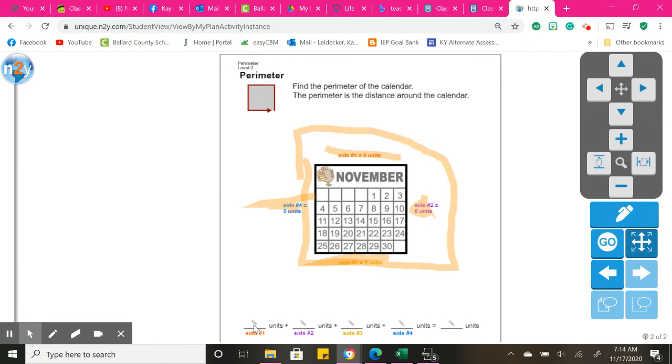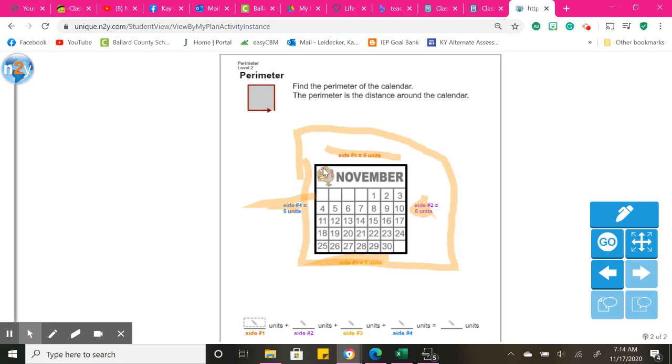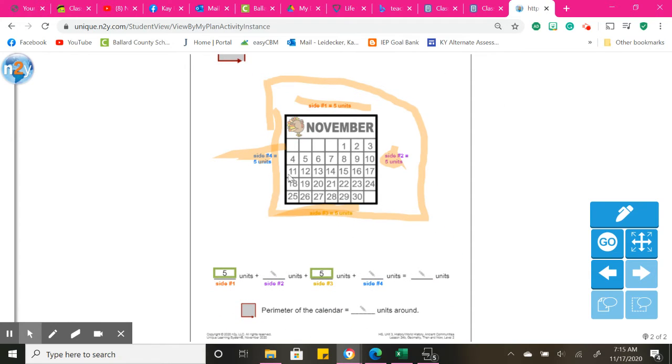Our orange is 5 units. From this top and this bottom, they're 5 units. So I'm going to do the orange and the yellow as 5 units, and then side 2 and side 4. This side here, this side here, and this side here are 5 units.